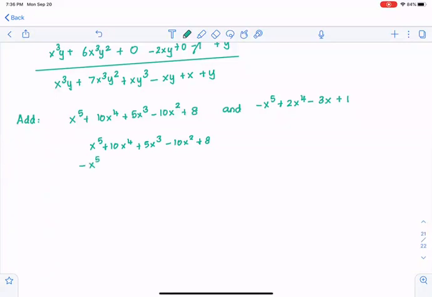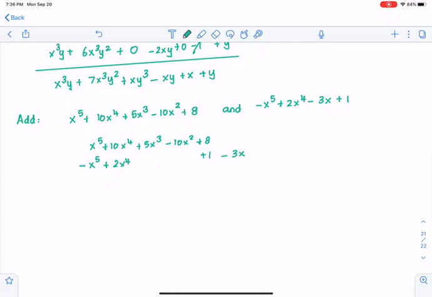It has an x raised 4 term, so 2x raised 4. It doesn't have an x cubed term, it doesn't have an x squared term, but it has a -3x, so I'm going to put that on the side. It has a number, which is 1.